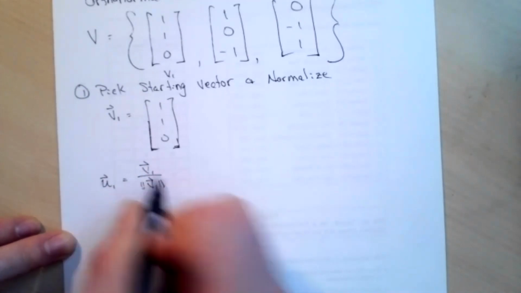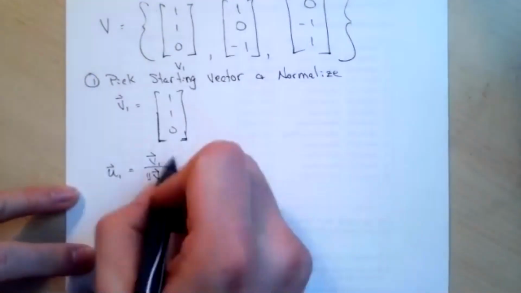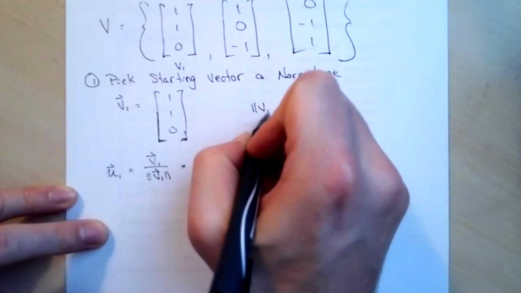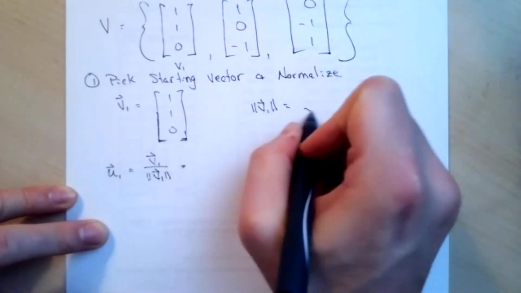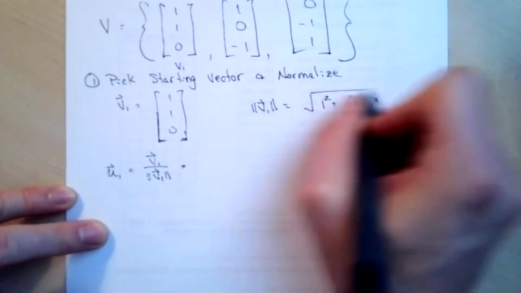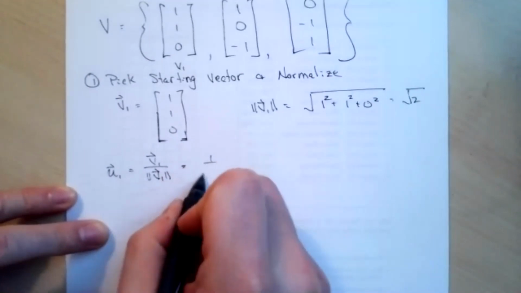All we do is take the vector and divide by its length. So let's use our U's. U is going to be our ending vectors that we keep within this orthonormal set. And so all you've got to do is compute the norm of your starting vector, and then divide by it.